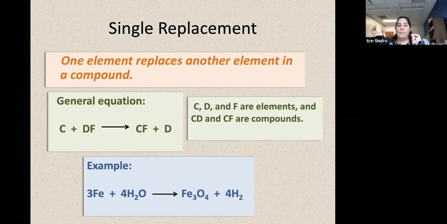It's going to be by itself. And on the other side, same thing, right? You have things by themselves. Iron started out by itself. It stole oxygen, now leaving hydrogen off by itself. Okay, so a single replacement reaction, again, is where one element comes along and kicks another one off, taking its place.